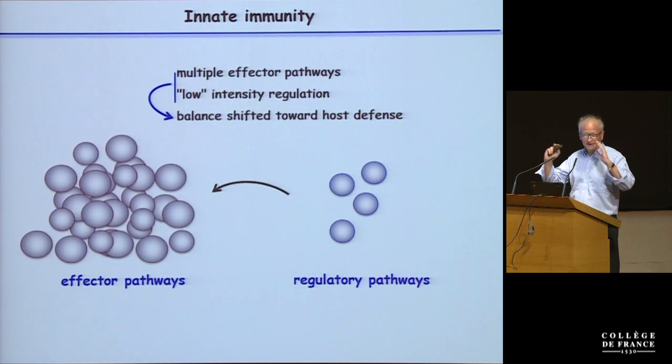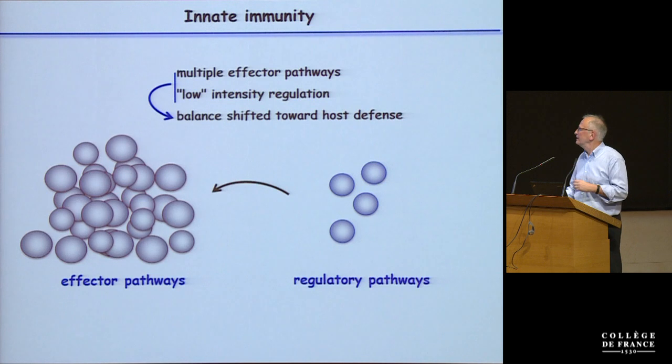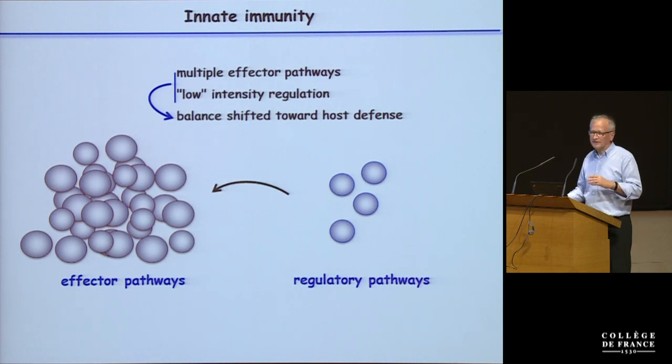So perhaps this is extremely speculative, but I would suggest that for innate immunity, the circles are not cells, they are pathways. There are many, many effector pathways, that's for sure. This is pretty well known. But perhaps not so many critical regulatory pathways.